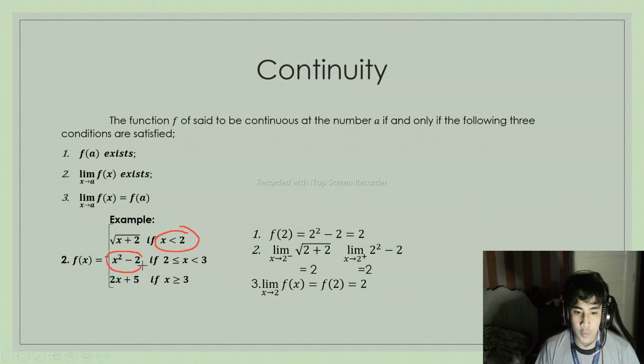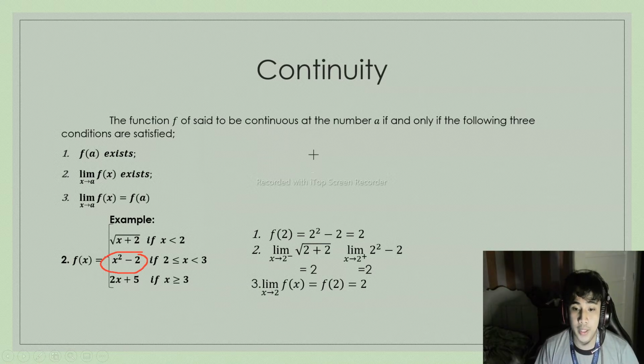We will use these two functions right here. Kasi sinasabi na x is less than 2, so it can never be 5 or what else. Ang una natin gagawin ng functions ay pinakamalapit muna, x is less than 2 and x is 2 should not be less than or equal to x. So we will use these functions first.